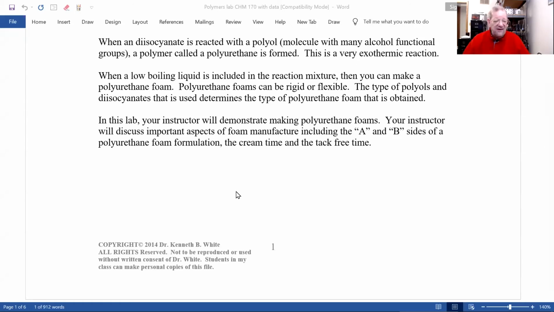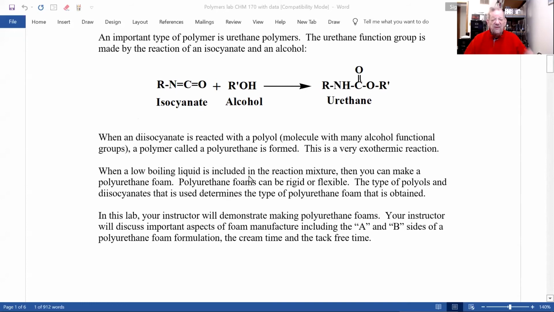Now, it turns out the urethane industry has two main uses for urethane foam, and by the way, urethane foam can be rigid or flexible. Rigid, hard like wood.